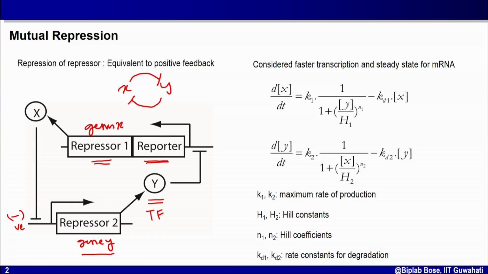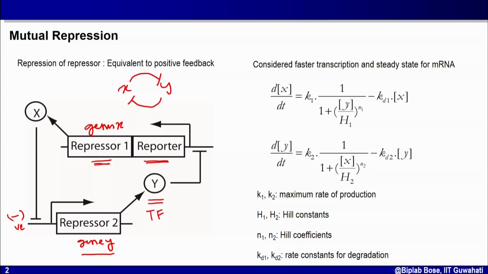So the small network that I have drawn here has been actually tried in E. coli, and those people who created this synthetic network in E. coli, they had a reporter fused with protein X or gene X, so that X is expressed as a GFP tag protein, so that they can track how much X is produced by imaging or flow cytometry. Even if we forget about this GFP, we can still analyze and understand the behavior of the system.